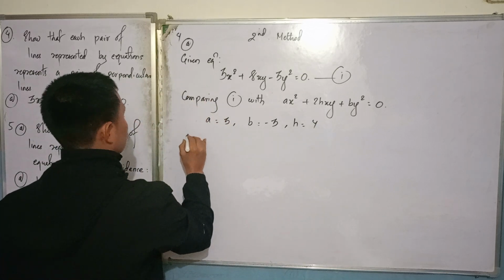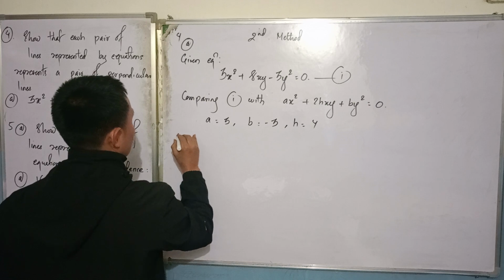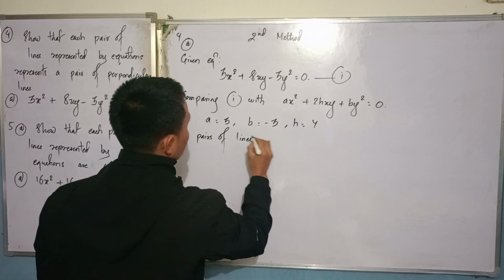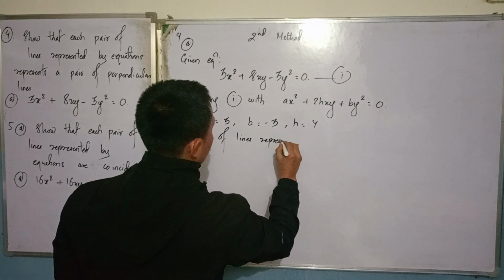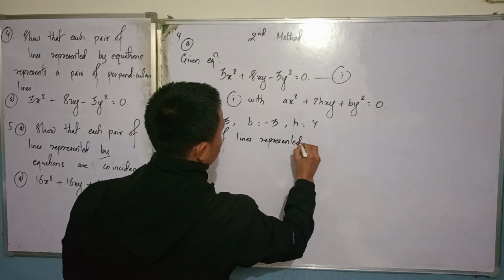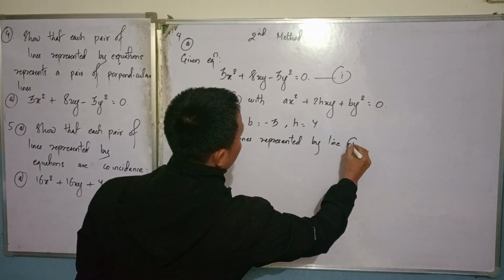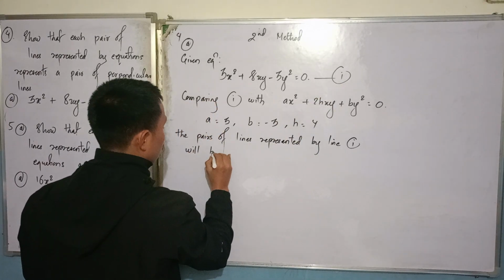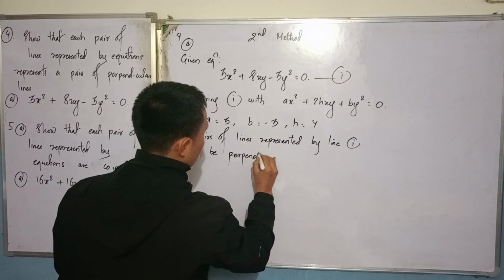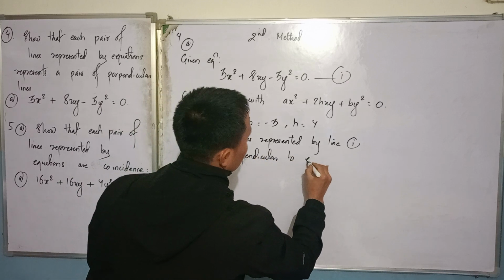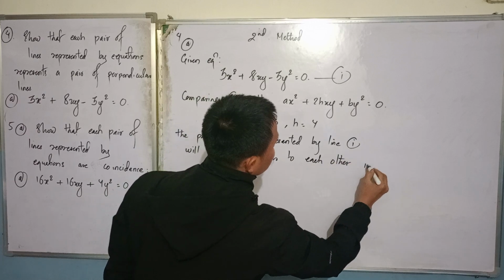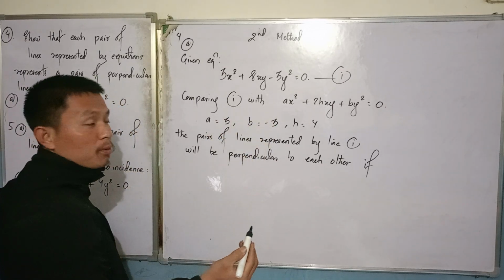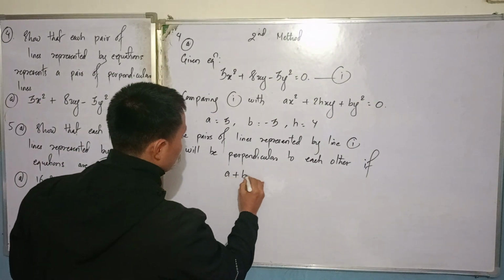The pair of lines represented by line I will be perpendicular to each other if the condition of perpendicularity holds: a plus b is equal to 0.